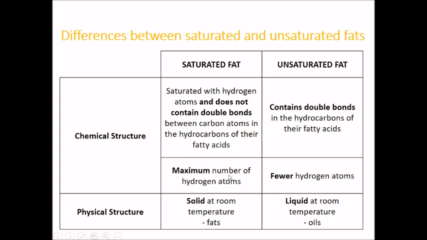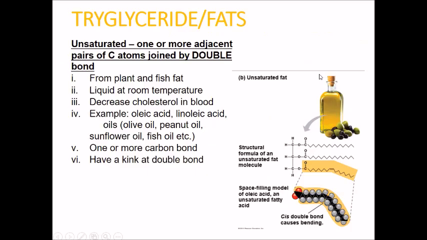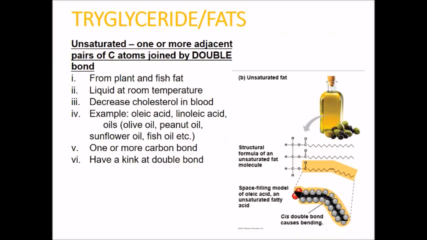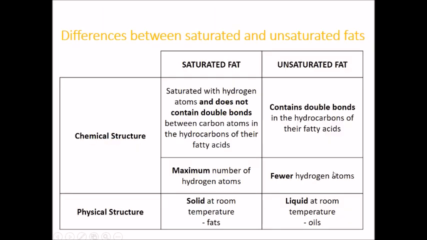Therefore, they have a maximum number of hydrogen atoms attached to the carbon backbone of the fatty acids. Meanwhile, unsaturated fats, as you can see over here, have one or more double bonds between the carbon atoms of the fatty acid. So therefore, it causes a lower number of hydrogen atoms attached to the fats.